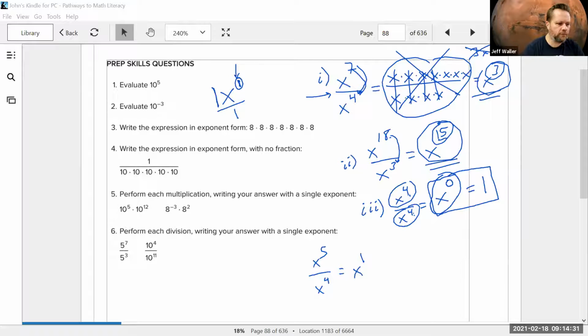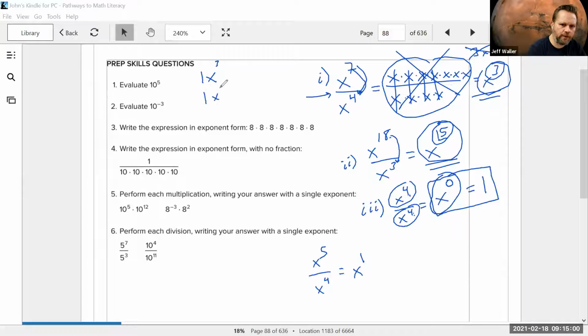Let me show you a different way to think about that. If I write x cubed, there's a 1 out front, isn't there? If I take an x away, like I divide an x away, what do I have now?